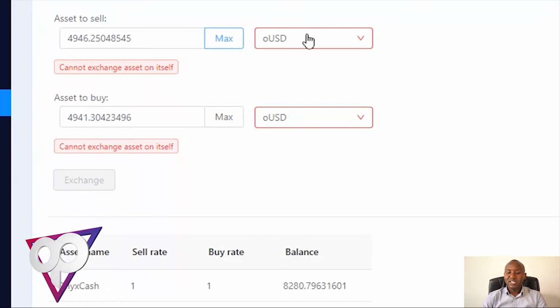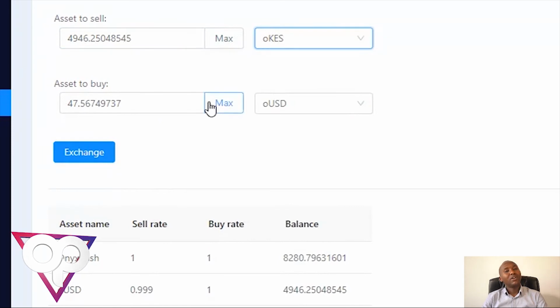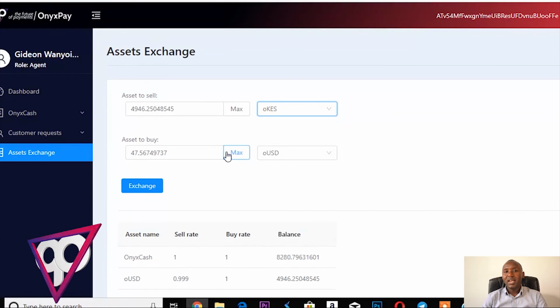Or you can sell Kenya shilling and convert it to another asset. So you could be an agent anywhere, and a client wants you to deposit a particular asset, then you are able to exchange the asset you have to the asset the client wants.